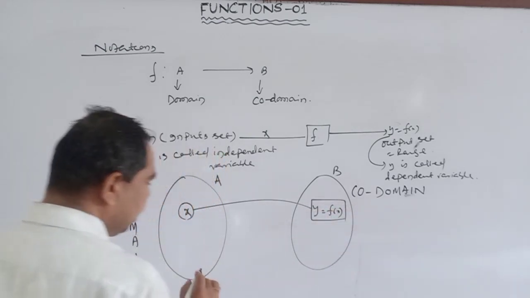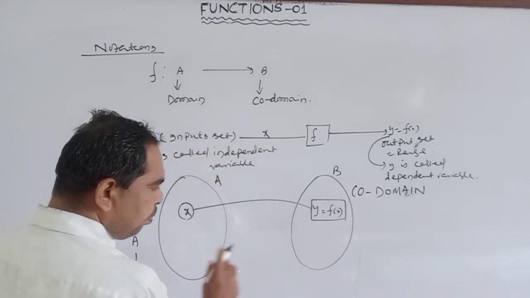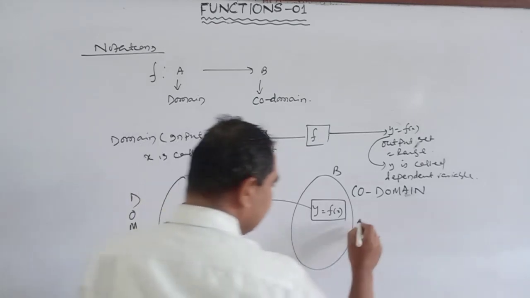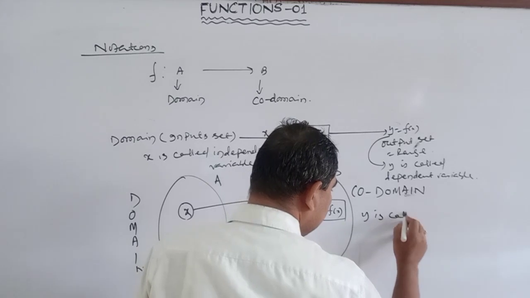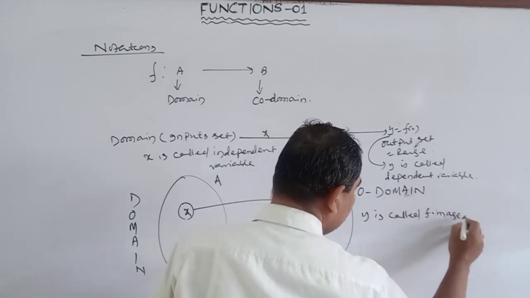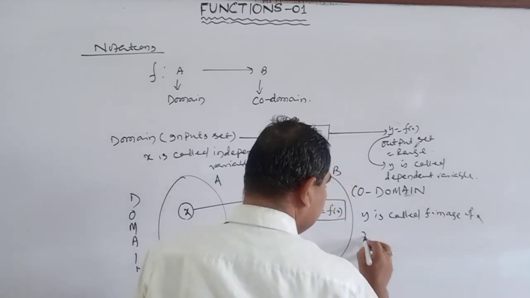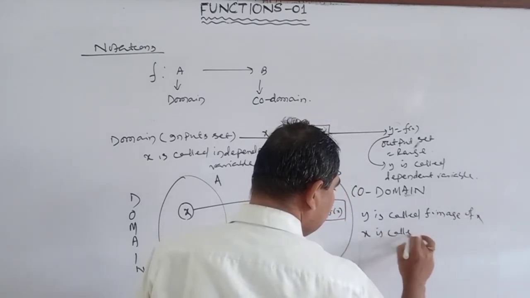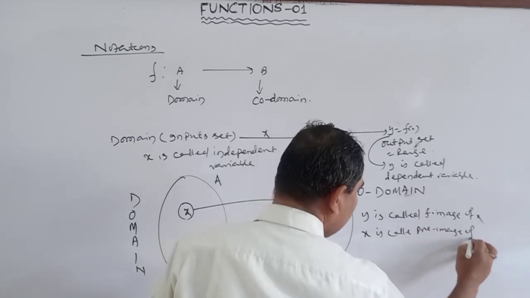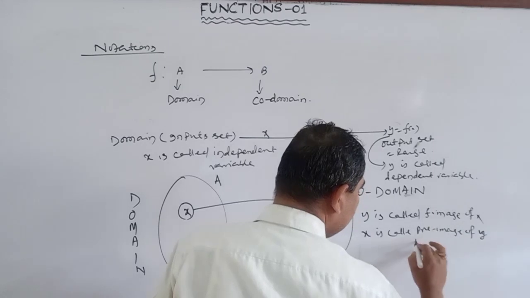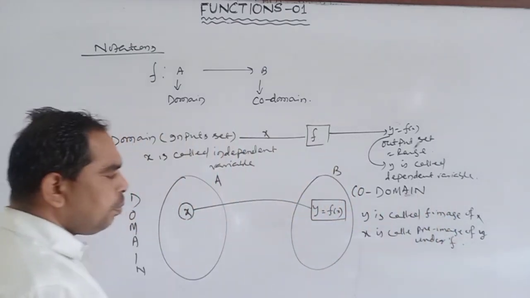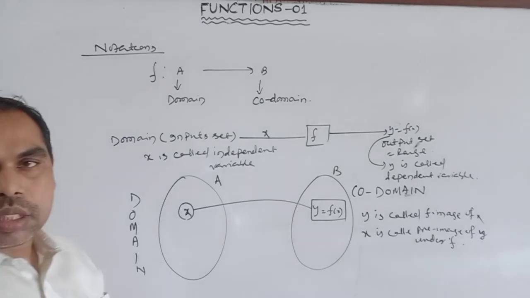Here y is called the image of x, and x is called the pre-image of y under f.